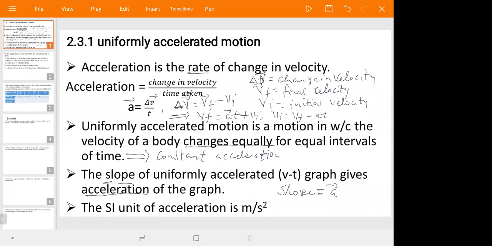Do you remember the slope of uniform motion? What's the slope of uniform motion?